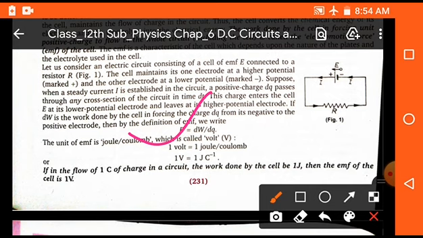It means the work done to flow a unit positive charge inside the whole circuit, including the cell, is known as electromotive force, and it is shortly called EMF. Its unit is volt, which is the standard unit, and we can also write joule per coulomb. So these are the two important units of EMF.